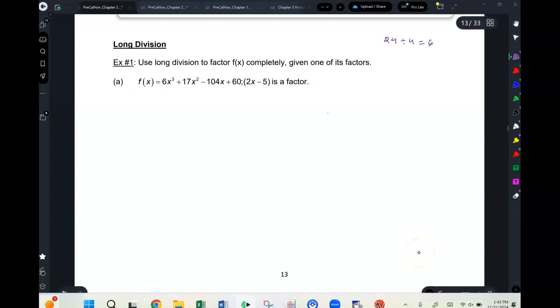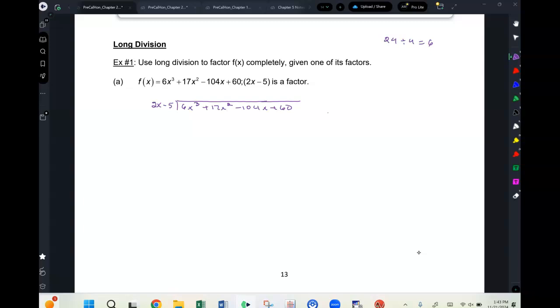So now let's divide this. We're dividing by 2x minus 5, and here we have 6x cubed plus 17x squared minus 104x plus 60. Remember, make sure it's in standard form and all the exponents starting with 3 are present. So we're good to go.